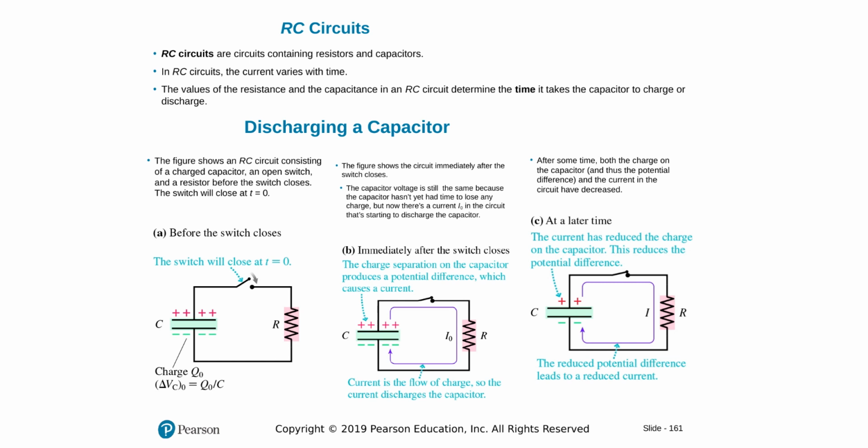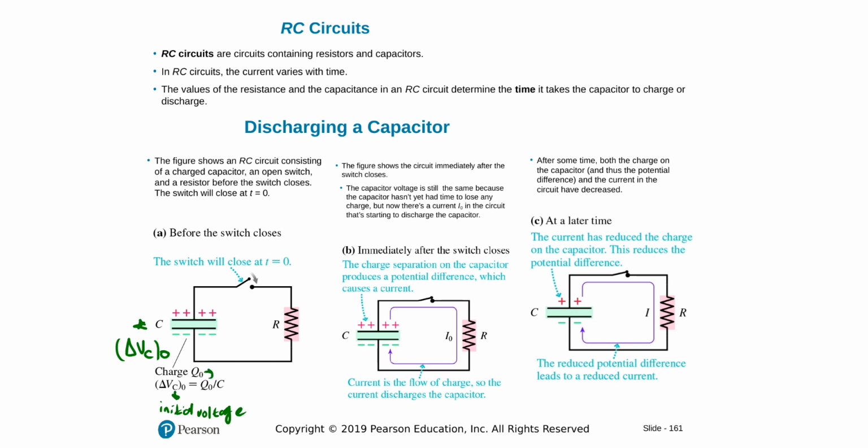We learned about charging and discharging a capacitor in a very simple simulation, the PhET simulation. We tie our capacitor to a power source, charge it. It's charged here. It will have a total delta VC across. We will call this delta VC0 initial potential difference, initial voltage. It will also have an initial charge Q0.